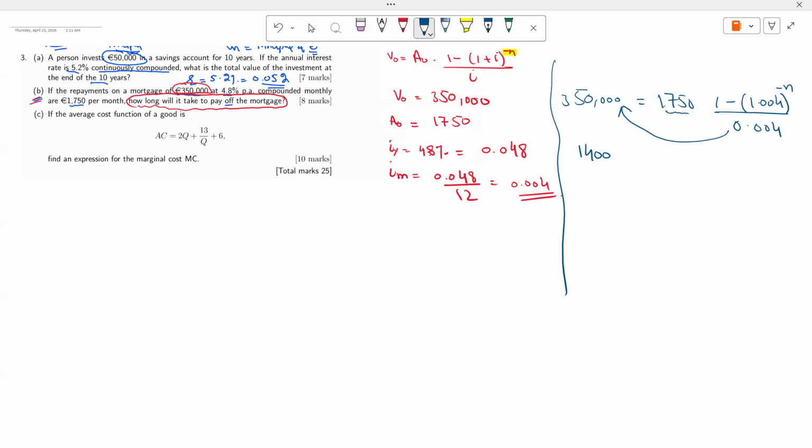And 1,750 is getting multiplied on the right side, so if I take it to the left side, it'll get divided. So we divide this 1,400 by 1,750.